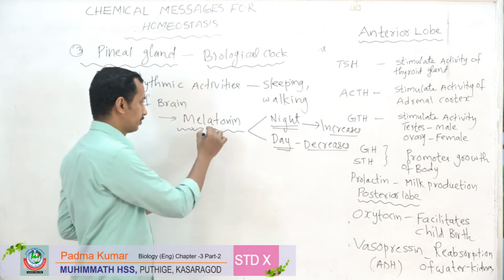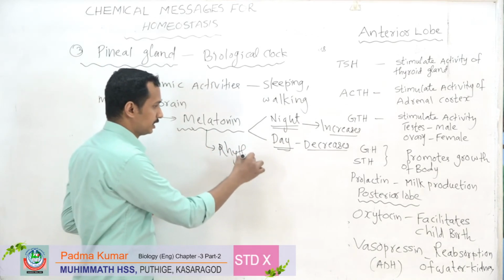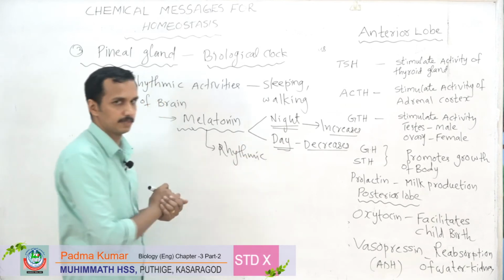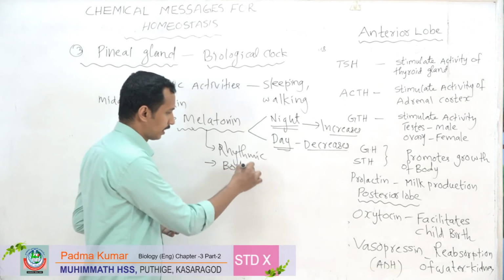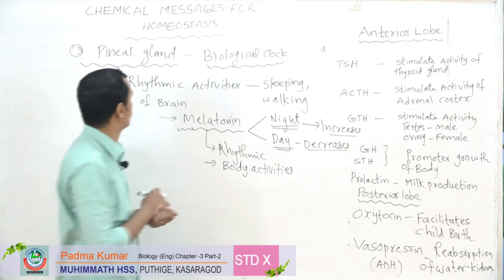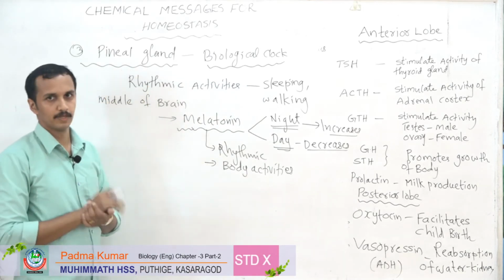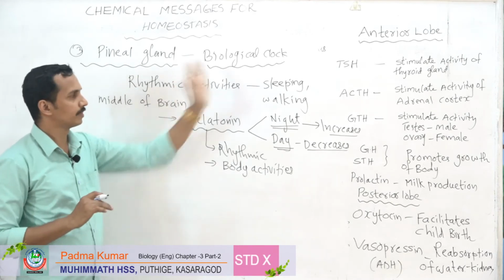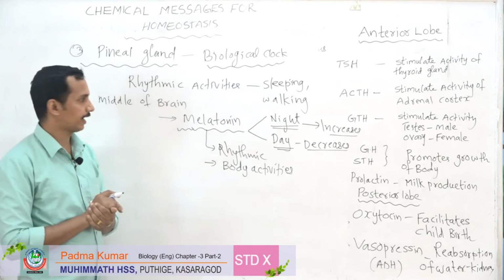It is associated with, already we discussed, rhythmic activities, and all other body activities are controlled by this gland. Which gland is that? It is called a pineal gland. It is called a biological clock because it performs all the rhythmic activities.